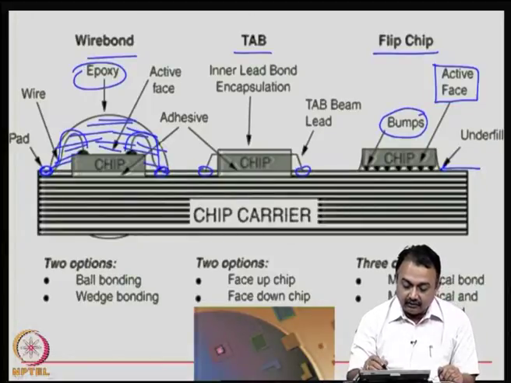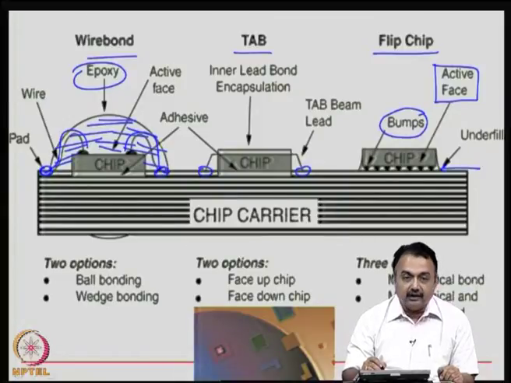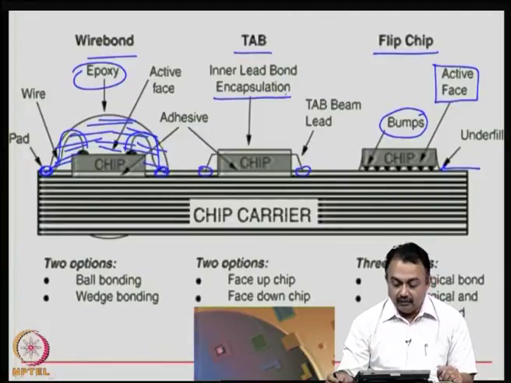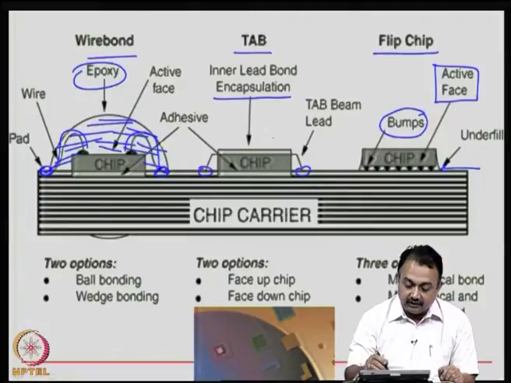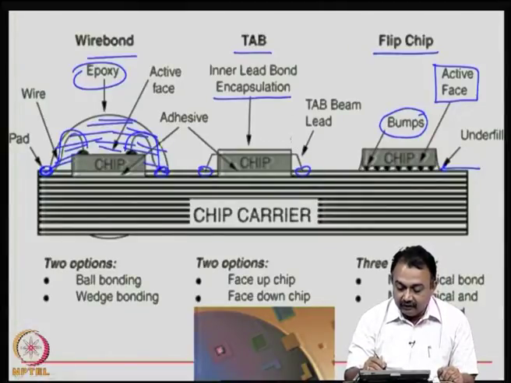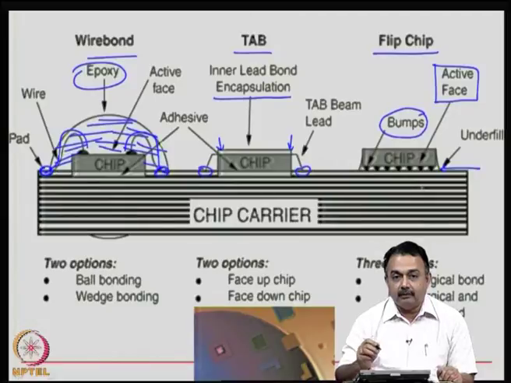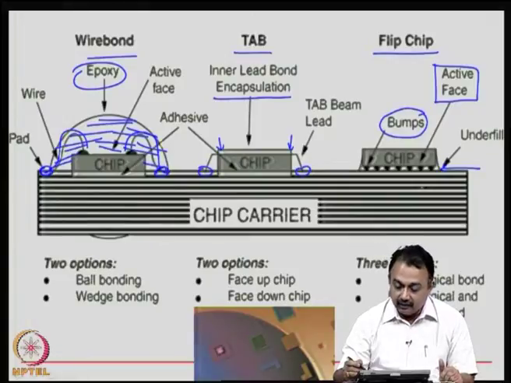In the second also, once the leads are connected to the substrate, we also encapsulate the chip. Okay. But in this case the encapsulation is done only for the inner leads. The inner leads are present here, the outer leads are on the substrate. So, this is the minor difference between wire bonding encapsulation and tape automated bonding encapsulation.